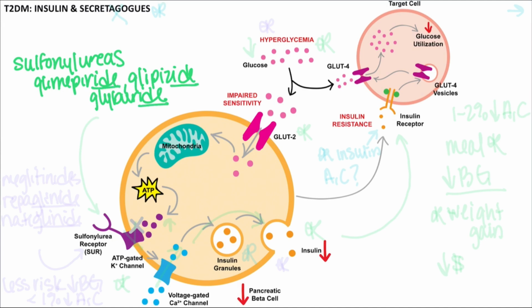So these agents act by binding the sulfonylurea receptor on the ATP-gated potassium channels on the beta cells. And this inhibits the channel so that we have that same buildup of potassium ions and depolarization to trigger that calcium influx and that insulin release, just like we would see with the influx of glucose.